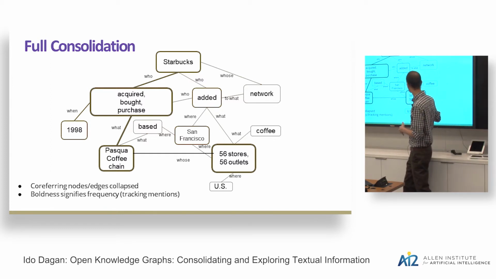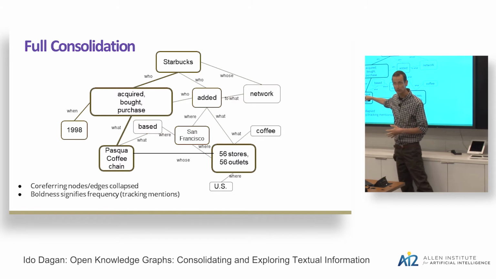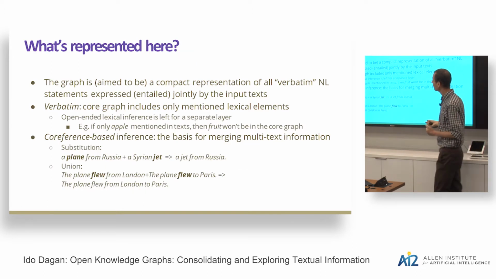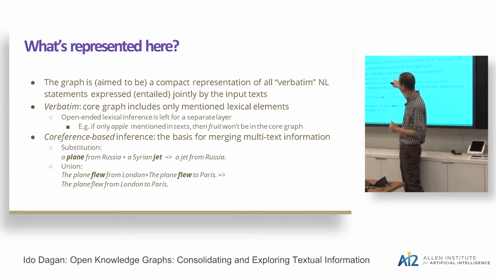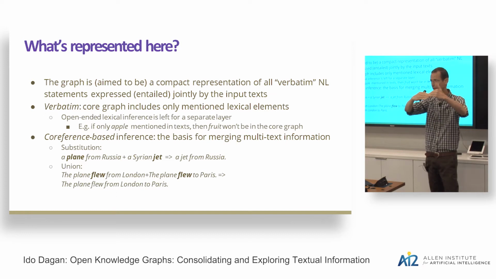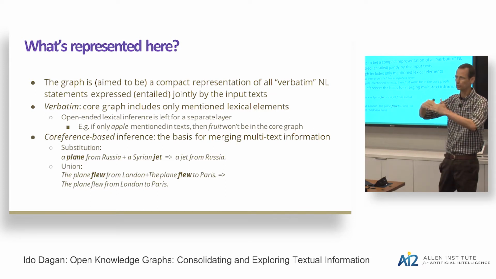We didn't put company anywhere here, okay? Because we really think that from an architecture design, open-ended lexical inferences should be handled by another layer. If we'd like to put company or fruit for apple, etc., it's quite open-ended.